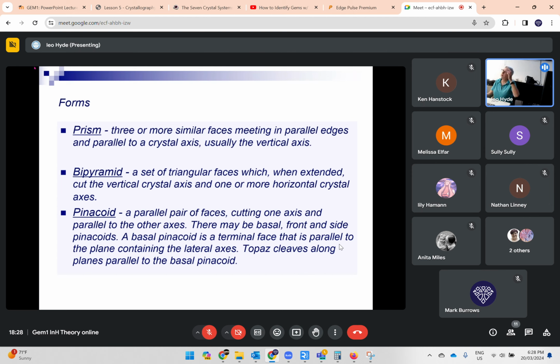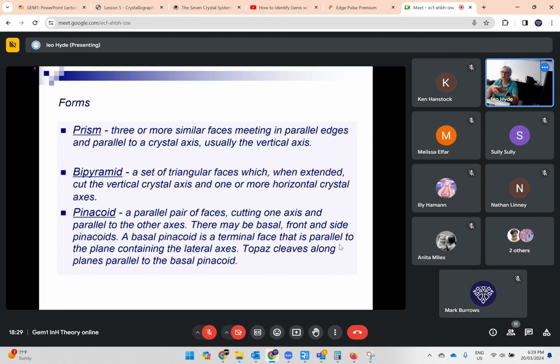So for the tetragonal and the hexagonal, when we're looking at what faces are there on those crystals, what forms they have, every gemstone in the tetragonal system produces the same forms, which are prisms and bipyramids.